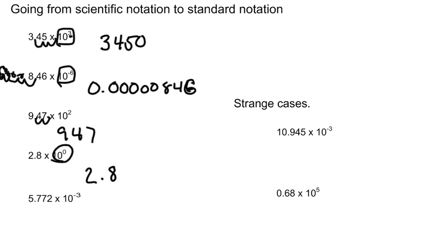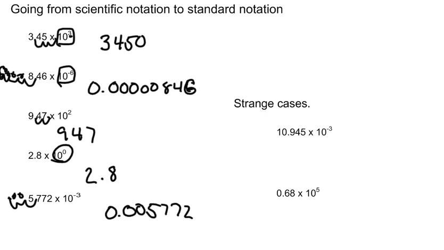Okay, we're almost done. 5.772 times 10 to the minus 3. Okay, move the decimal point over 1, 2, 3 spots, put a 0 in the decimal point, so we get 0.005772. There it is.